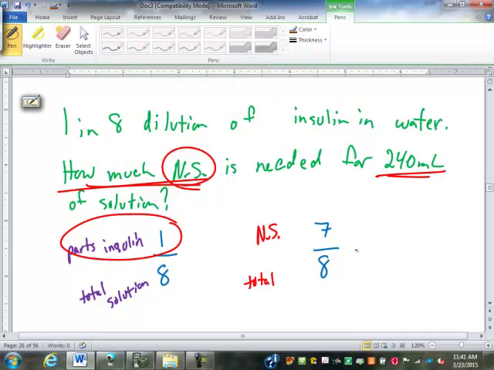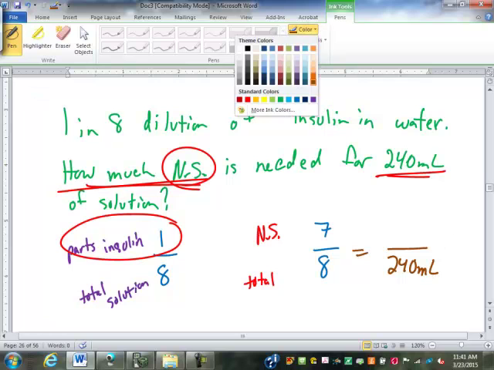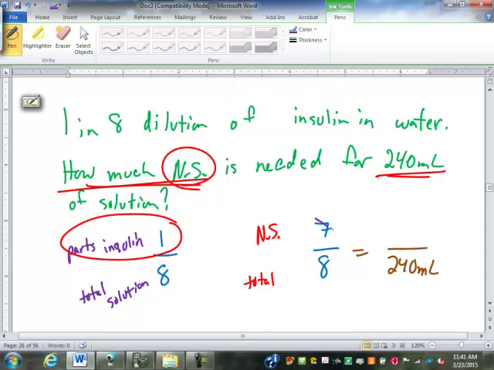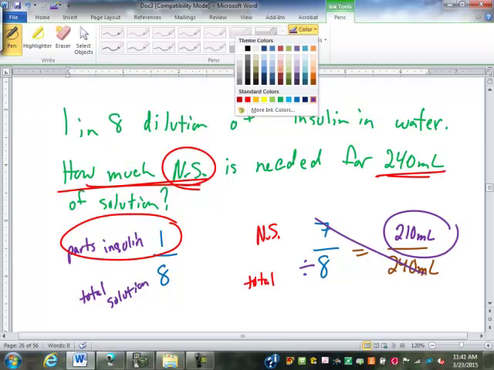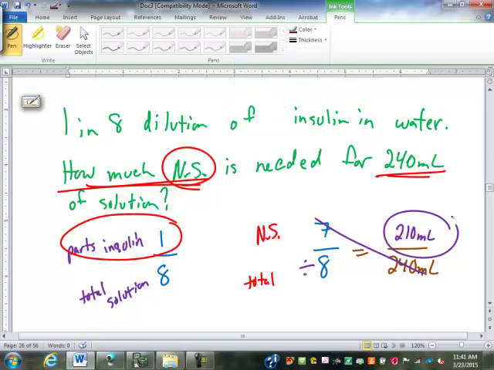That's the ratio we use to find the amount of water. So 240 milliliters of total solution, and we cross multiply and divide. 7 times 240 divided by 8 is 210 milliliters of NS to complete that dilution. And of course, that means the other 30 milliliters was the insulin.